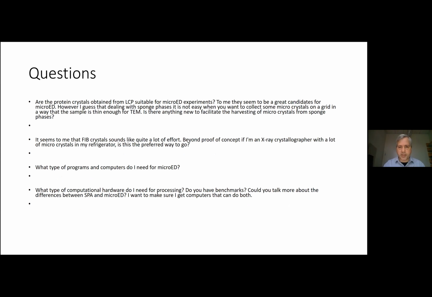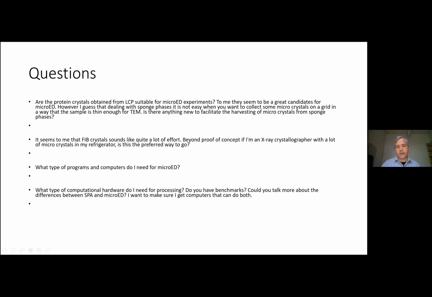So the next question is about lipidic cubic phase, which I sort of answered. I'd say it's a work in progress. FIB crystals is a lot of effort. It seems to me that FIB crystals sound like quite a lot of effort beyond proof of concept. If I'm an X-ray crystallographer with a lot of microcrystals, this is where I'd prefer to go.